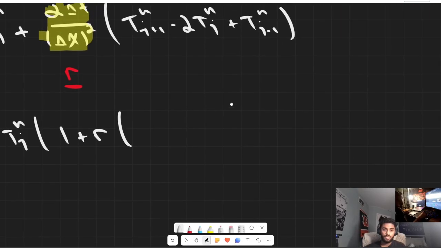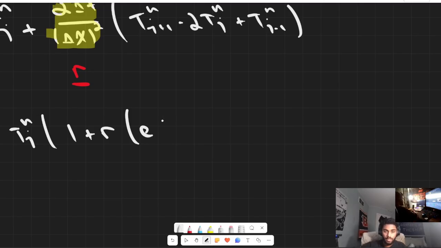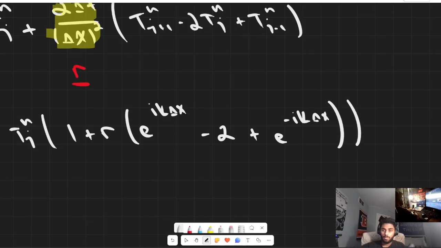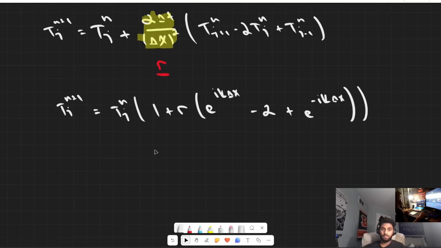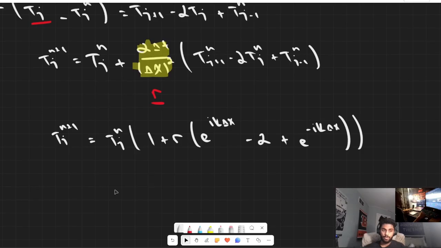So for the j plus 1, that leaves us with e to the positive ik delta x minus 2, and then plus e to the minus ik delta x. Right? So that's pretty good.